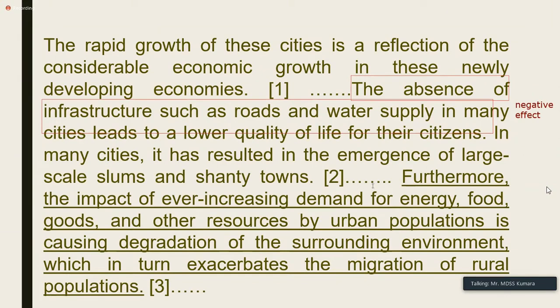Then the next sentence, the third one: in many cities, it has resulted in the emergence of large-scale slums and shanty towns. What about this sentence? What does that tell about urbanization?